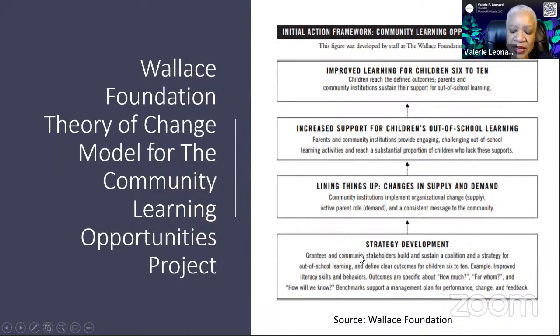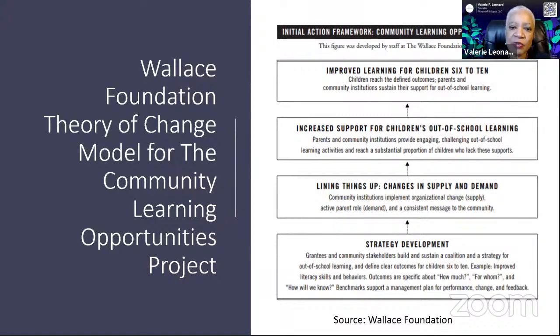So the first stage in their model is strategy development. This would mean that grantees and community stakeholders would build and sustain a coalition and a strategy for out-of-school learning and define clear outcomes for children 6 to 10. For example, improve literacy skills and behaviors, and outcomes are very specific about how much, for whom, how will we know, and then make sure that benchmarks support a management plan for performance change and feedback.